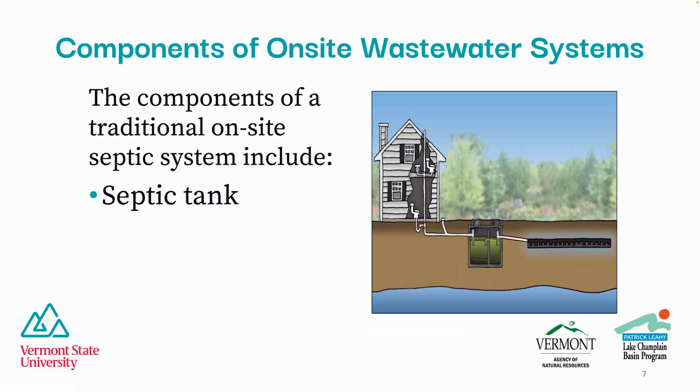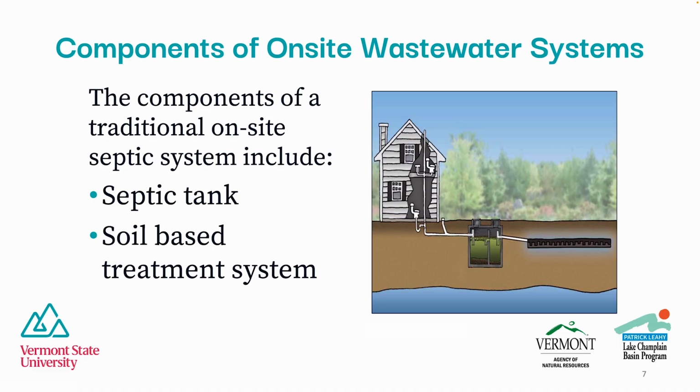Components of an on-site wastewater treatment system. Traditionally, these include a septic tank, and then the soil-based treatment system, that is a dispersal field, also called a leach field, and the associated piping between the house, the tank, and the dispersal field. The components of an innovative and alternative system, IA systems, can include an extra tank between the septic tank and the leach field, or different material in the dispersal field. Some IA systems have everything in one large buried structure.